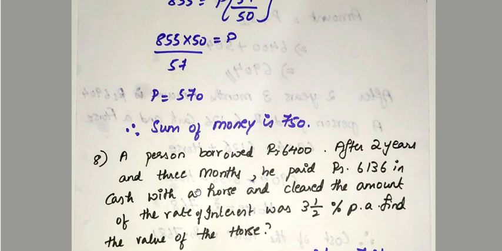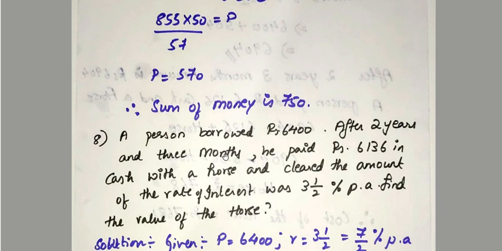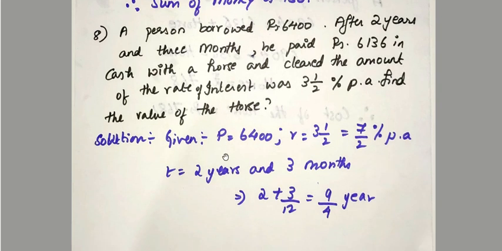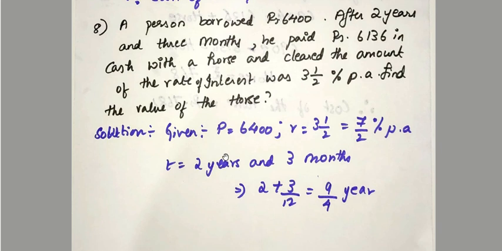Okay, so moving on to the next question. A person borrowed rupees 6,400. After 2 years and 3 months, he paid rupees 6,136 in cash with a horse and cleared the amount. The rate of interest was 3.5% per annum.